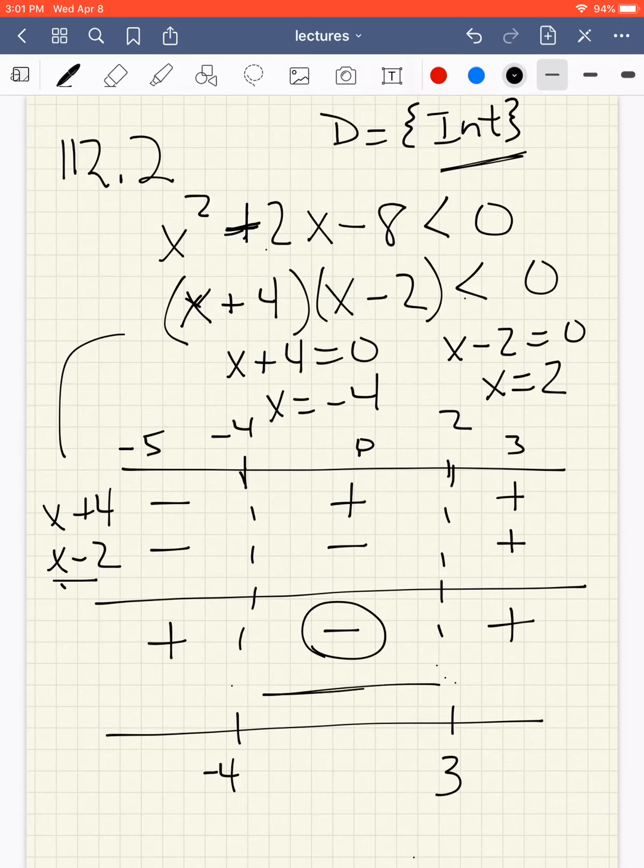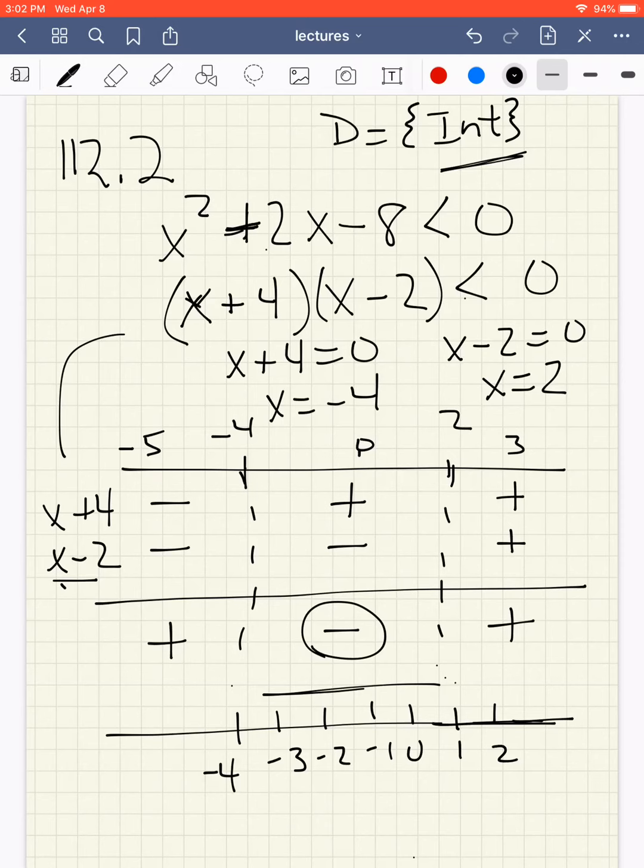So in here is what we're going to graph. I'm going to put -3, -2, -1, 0, 1, 2. Okay, so there we go.